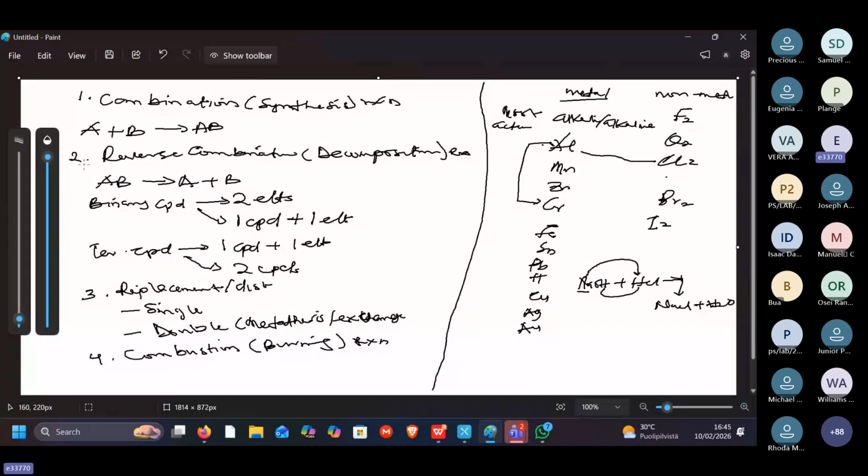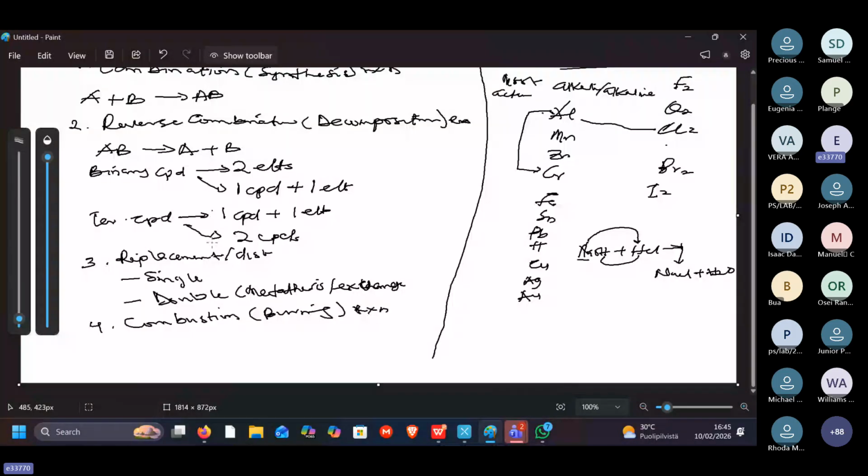And so we also introduced ourselves to the precipitation reaction, which has its own driving force from the double displacement reaction.